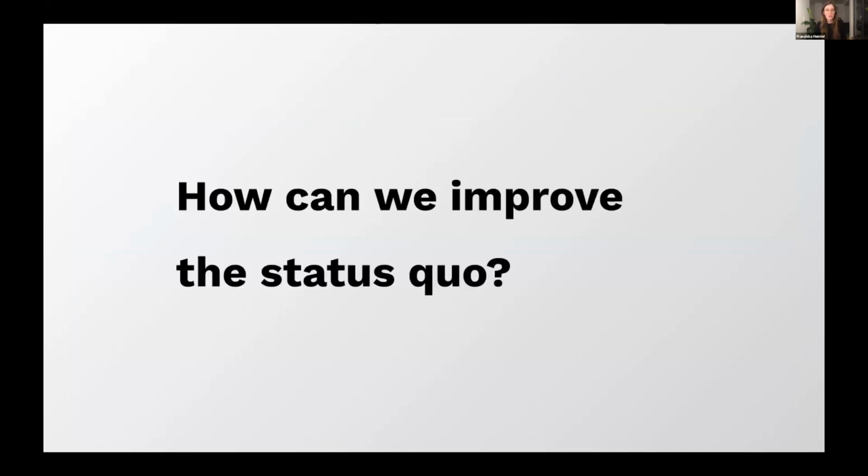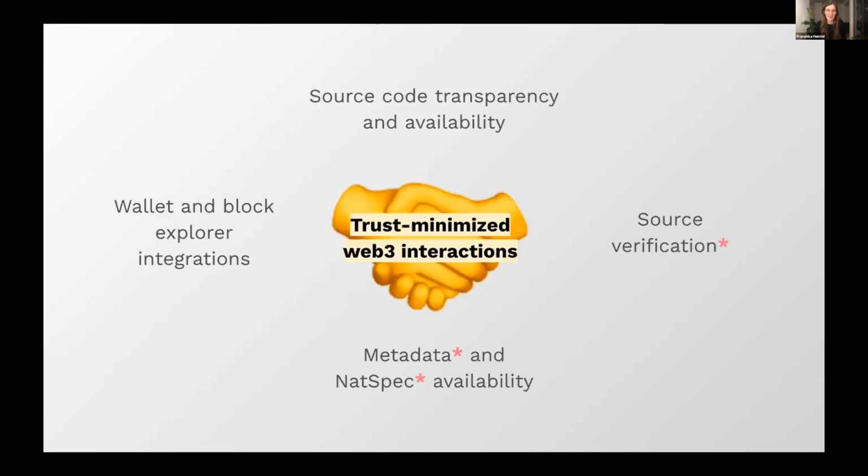So how can we improve the current status quo? Luckily, there are some ideas how we can even make this whole problem go away and achieve trust minimized Web3 interactions. I'm just throwing a couple of words at you right now, and I don't expect you to understand what all of these mean, and no worries, because we will go into more detail on all of these later on.